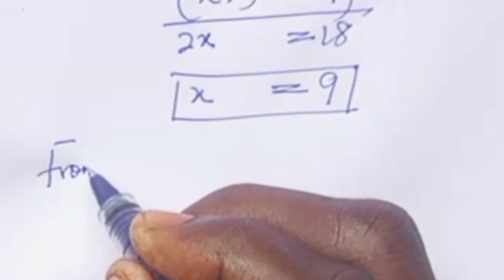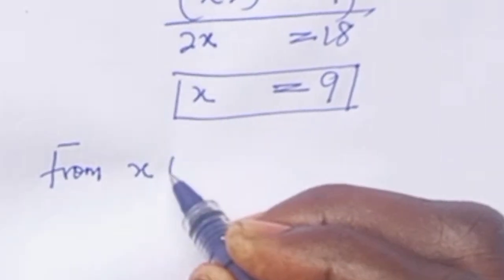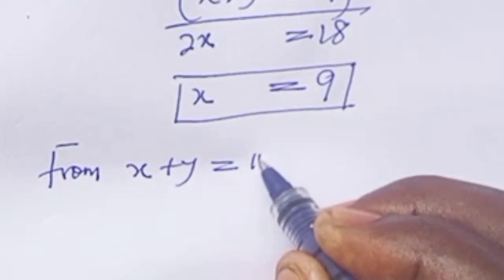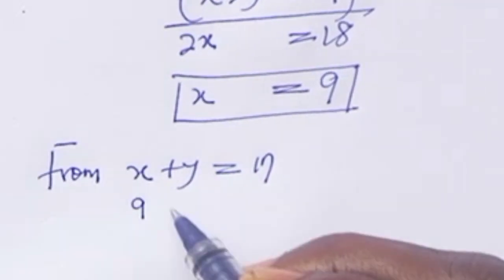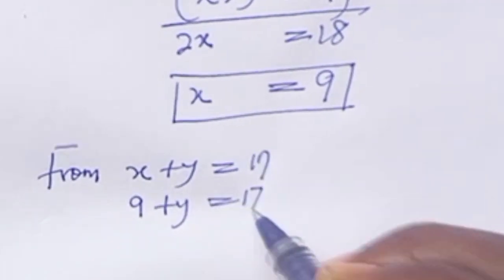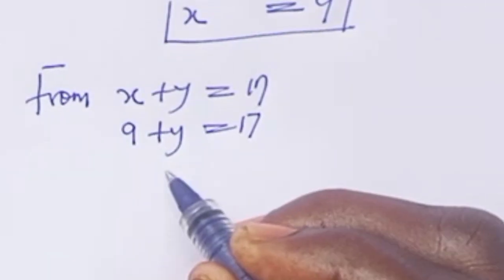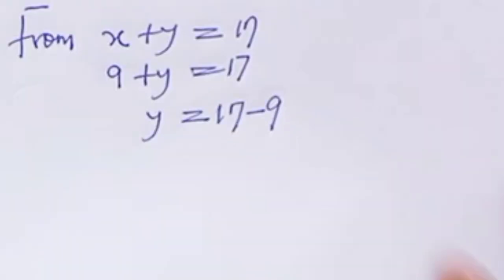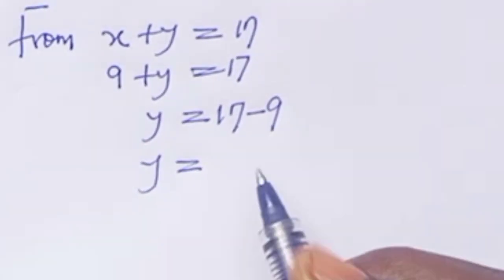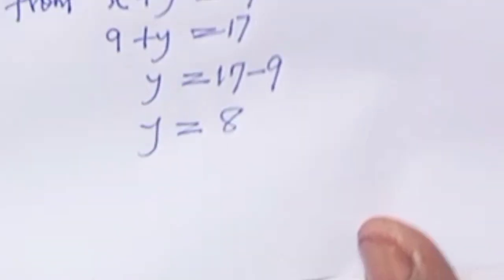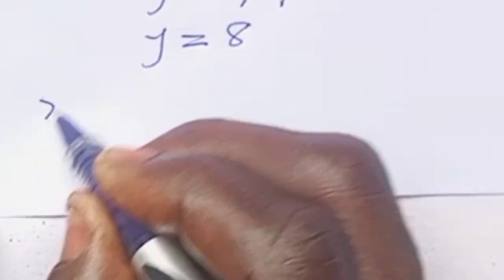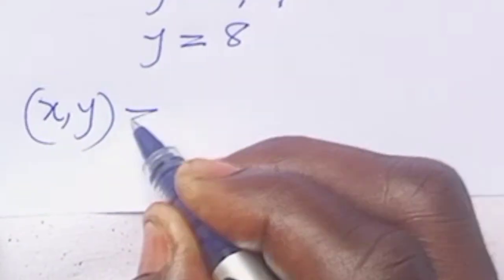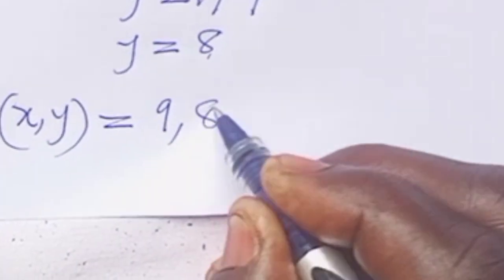But from x plus y equals 17, 9 plus y will be equal to 17. So that y will be equal to 17 minus 9. And y equivalently will be equal to 8. So the values are x, y equals 9 and 8.